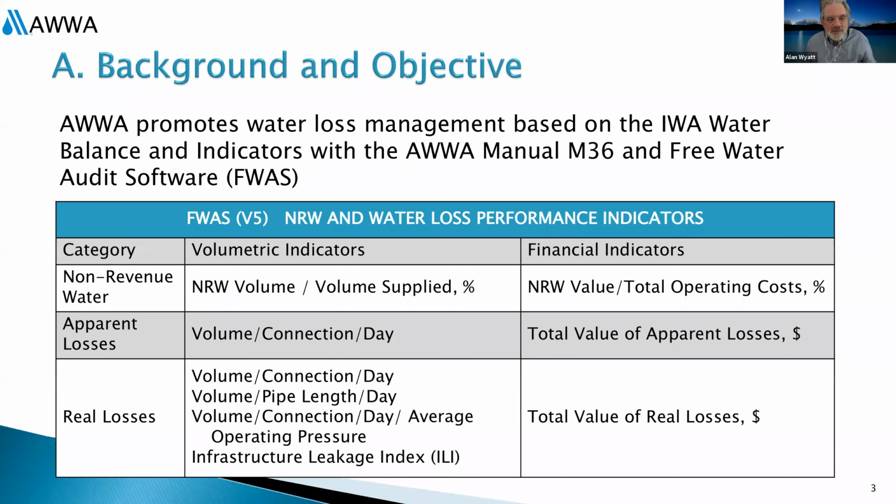The origin of this work is from the Water Loss Control Committee of AWWA, which wanted a good, hard technical look at the indicators used in the free water audit software, which included the percentage indicators like non-revenue water as a percentage of volume oversupplied, and even a financial one of the value of the non-revenue water over total operating costs.